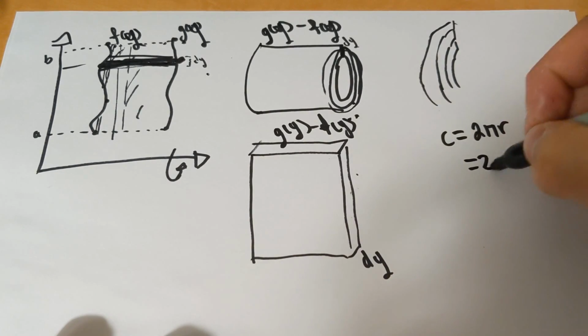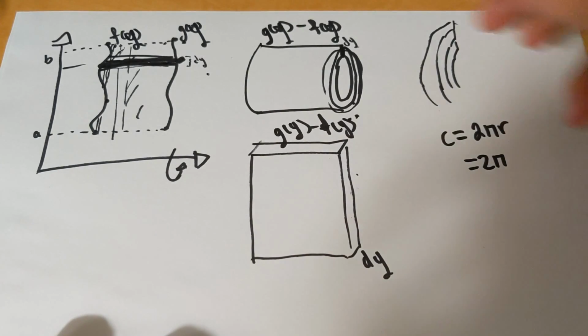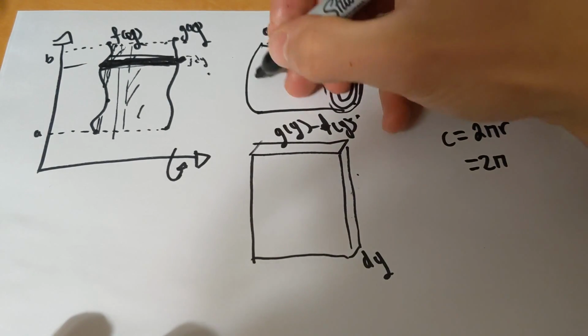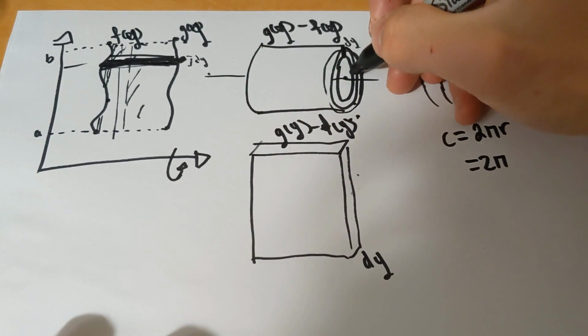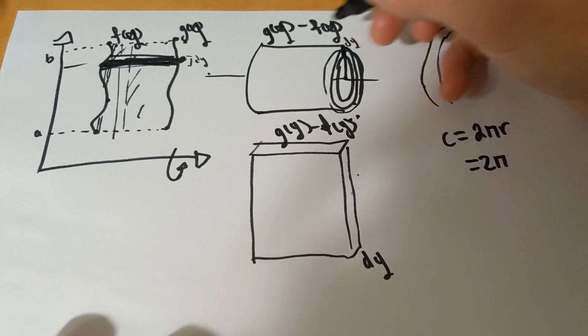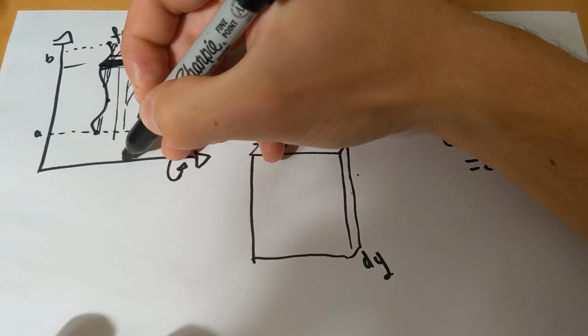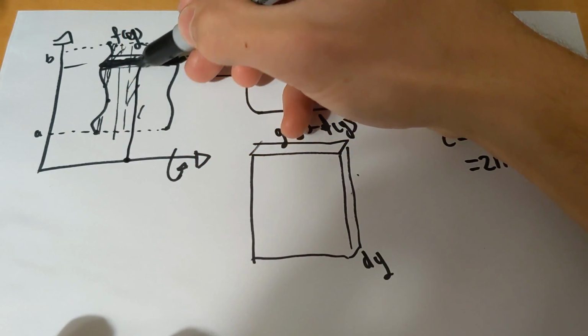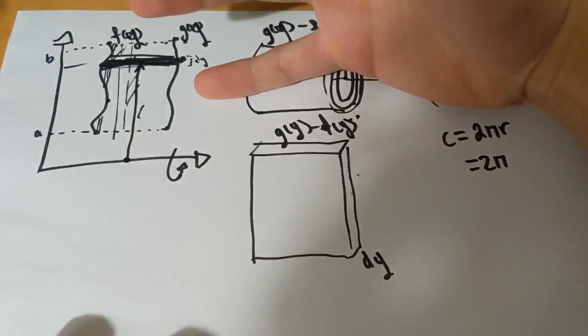But in this case, our radius from the middle, which is the x-axis, to the outside. Look on the picture. Axis to the outside, or to the bar that we're rotating around.